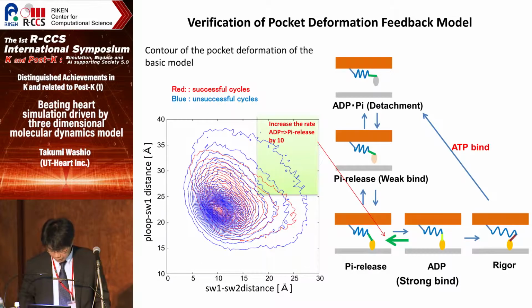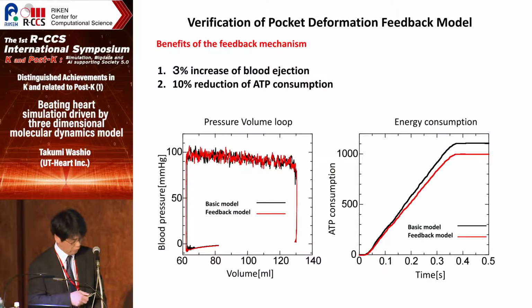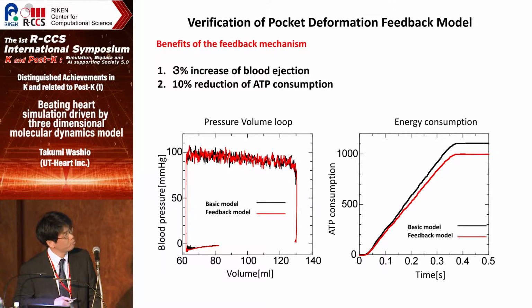So we tested new models where we magnified reversal power stroke transitions by a factor of 10. And actually, in this new model, in this pressure volume loop of this ring model, even though it is small, we observed a 3% increase of blood ejection. And more interestingly, this model achieved a 10% reduction of energy consumption.